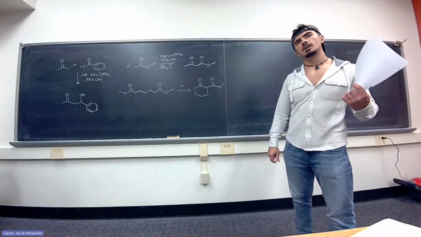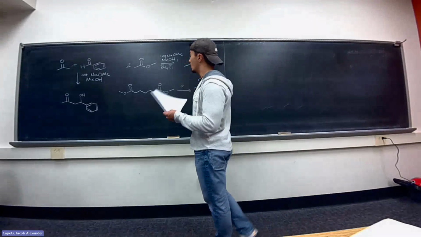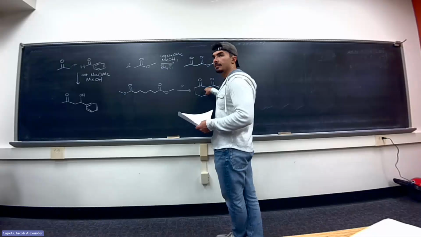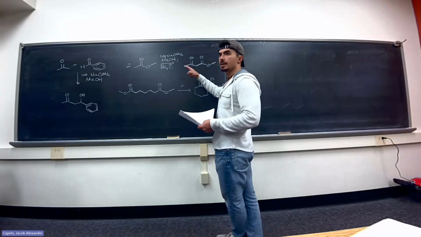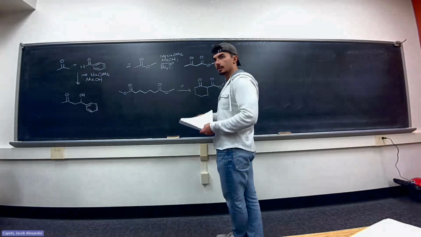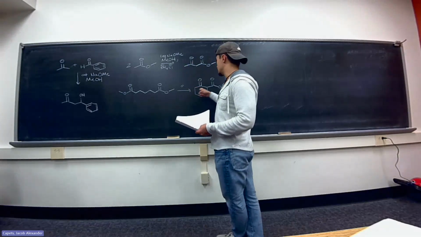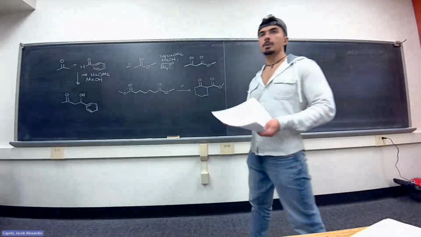Is the one equivalent just because if you have more than that, it's going to start doing some funky stuff? The one equivalent here is because in the mechanism, whenever you get this product, it's going to get deprotonated by the methoxide that you regenerate up to that point. So you need to then use ammonium chloride, because this pKa is 11, methanol has a pKa around 16, right?